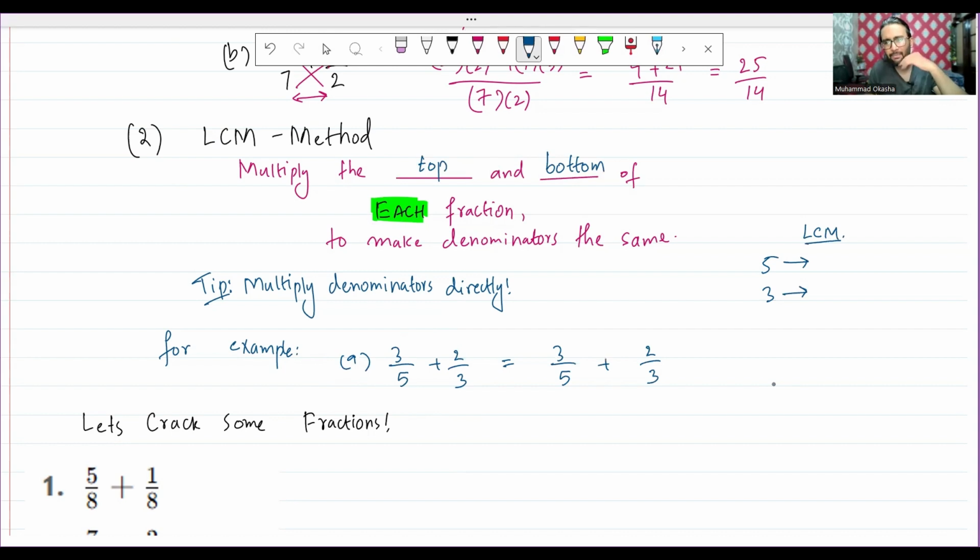You can take the LCM, but I wouldn't recommend taking LCM. You could just do this. This is 5 times 3, 3 times 5. This is sort of a version of a cross multiplication, but you're thinking about it in terms of the LCM. Now over here, we might have to multiply the top and the bottom of each fraction with the same number.